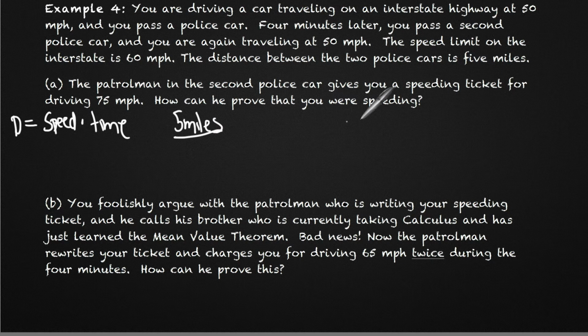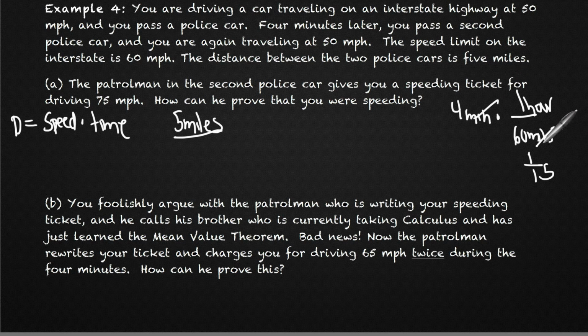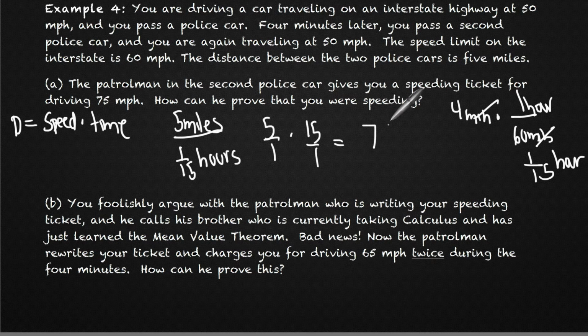Now we have to convert that to hours. So 4 minutes times, there are 60 minutes in 1 hour. So 4 divided by 60 reduces to 1 over 15. Minutes cancel. So 4 minutes is equivalent to 1/15 of an hour. So 5 miles over 1 over 15 hours. Well, when we divide that fraction, 5 over 1 times 15 over 1, we get 75 miles per hour.